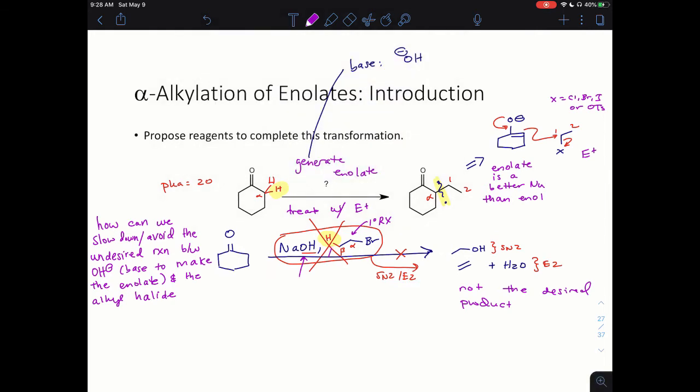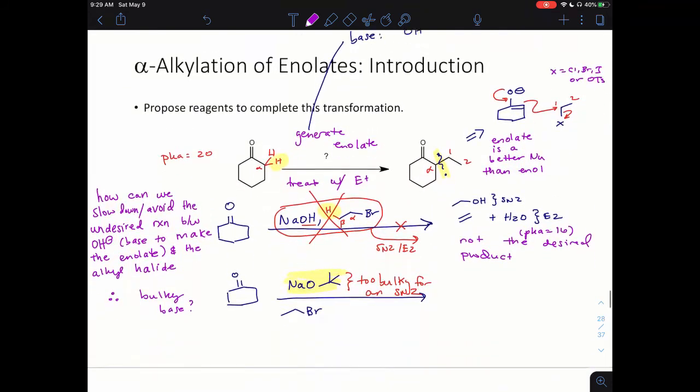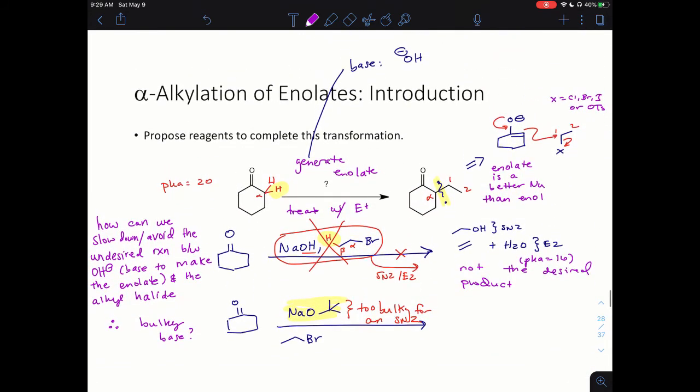Now, to avoid it, perhaps we can use a bulkier base that will not be as reactive in an SN2 reaction. So what am I referring to? Yes, I am referring to sodium t-butoxide. It is too bulky for a fast SN2.